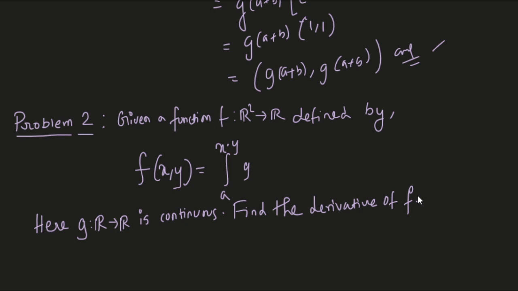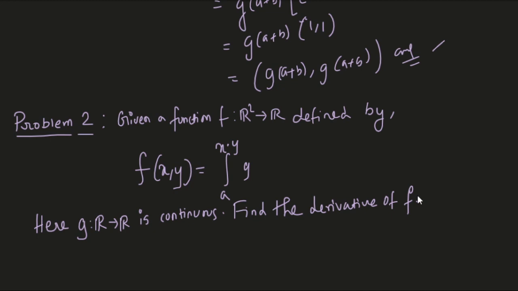So that's the problem we are going to solve. It is said that given a function f from R squared to R, defined by f of (x, y) equals the integral from a to x·y of g. Here x·y means the dot product between two vectors, because x and y are two-dimensional vectors. Then the definition follows, and we have to find the derivative of f, where g is a real function and it is continuous.